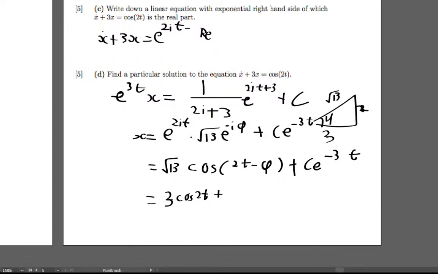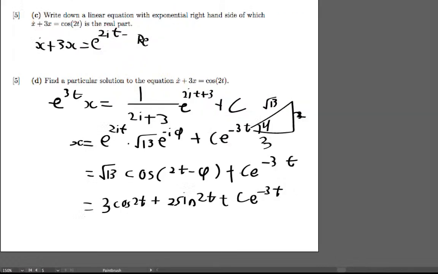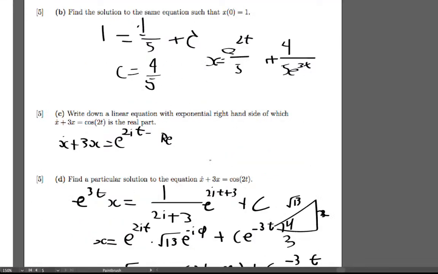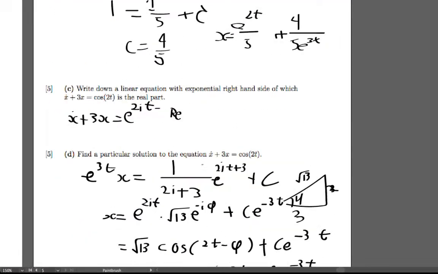Times square root of 13, that would be 3, so it would be 3 sine 2t. Add this by constant e to the power of negative 3t. Okay, this is the final problem, right? Yes, that's the final problem. Yay, we solved this entire thing.